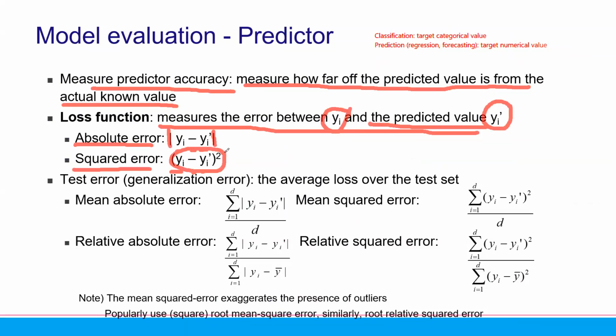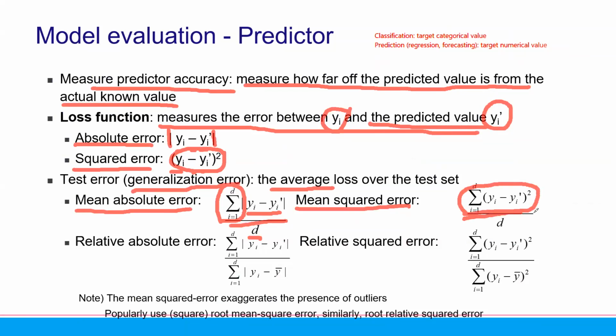So we take the square to eliminate the negative. For generalization, we can make the average. We sum over all the data and then divide by the number of data. This is the mean absolute error. Or we can also have the mean square error, where we sum all the data and divide by the number of data.